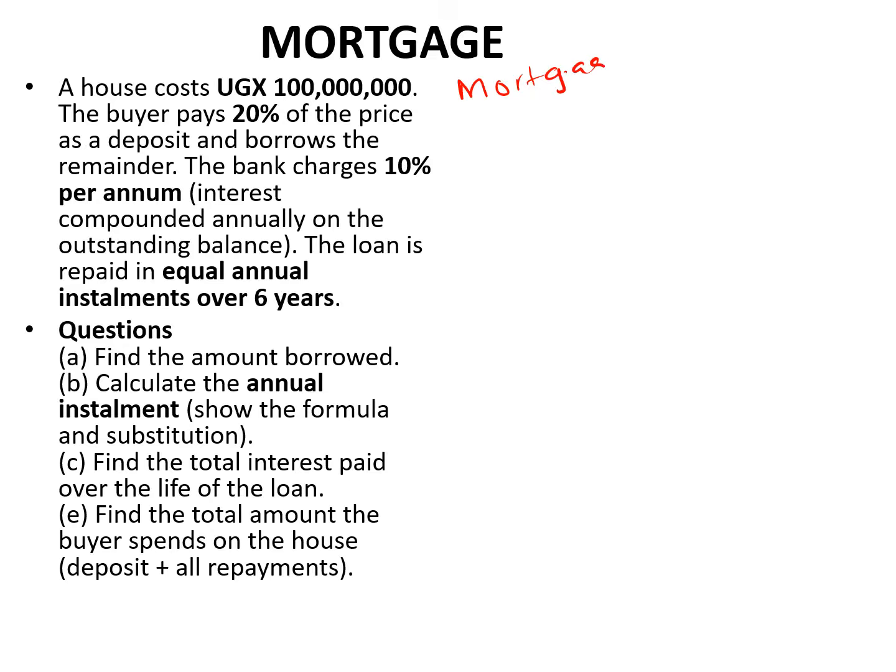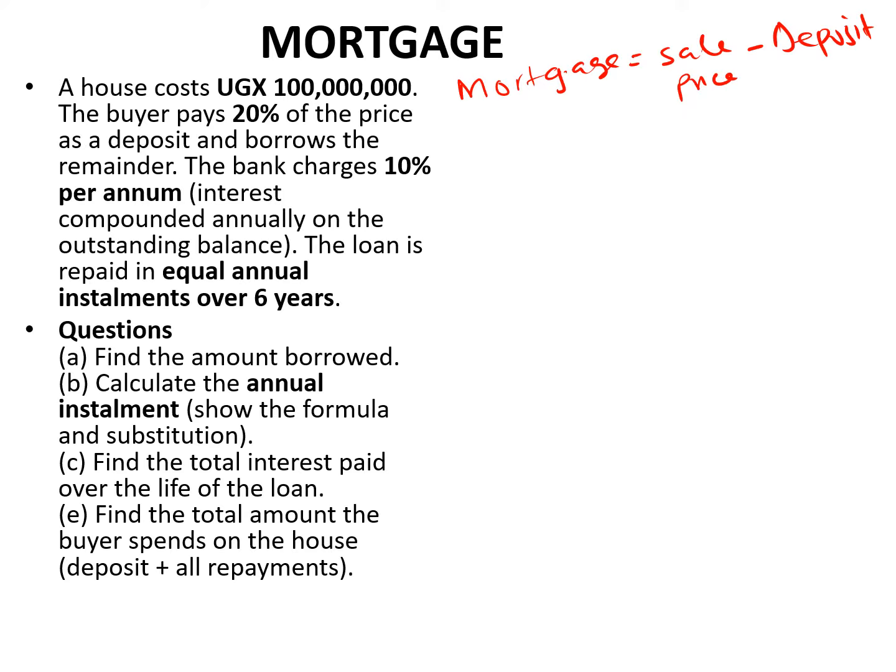Mortgage is equal to sale price, then minus deposit. You will not take that home before making a deposit. So that's how we find the mortgage, the amount of money that we take as a loan.